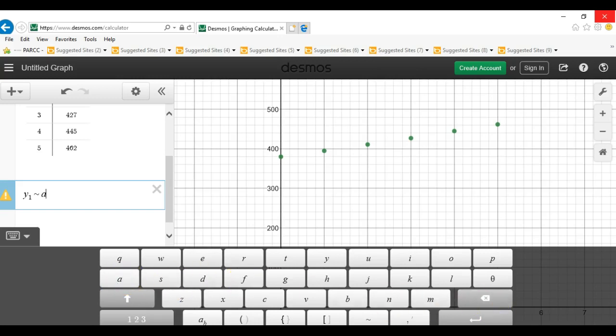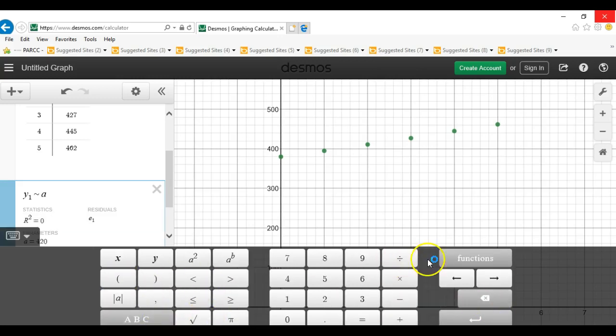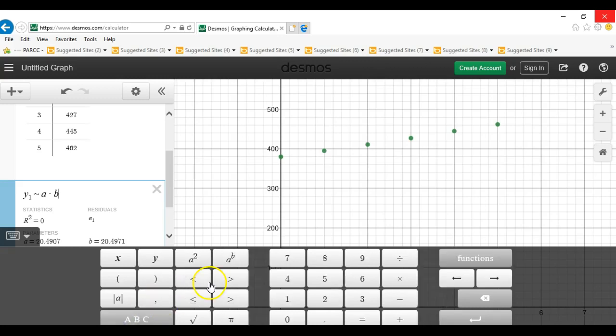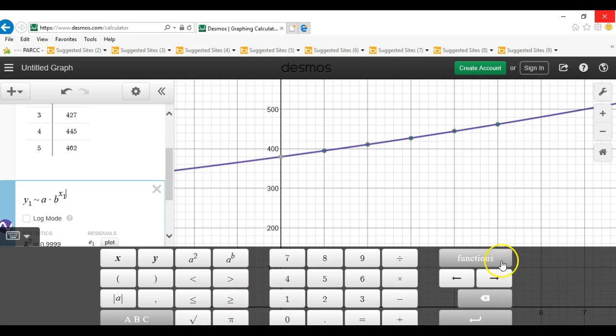And this is A times B, and you can use the little caret button on your keyboard, which is above 6, so shift 6, and it will put the cursor in the exponent spot. Here I'm going to use A to B since I have to rely on the keypad, and my exponent's not just x, it's x1.